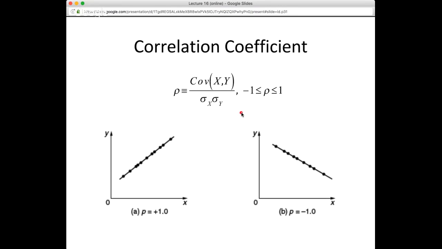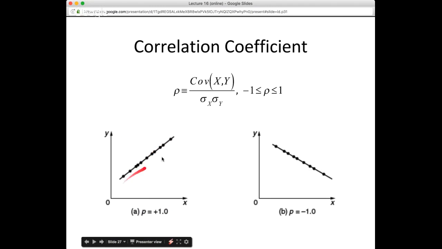And let me just go through some pictures from the textbook illustrating this. So here's a case where we have realizations from the random variable y plotted against realizations for the random variable x. In this case, these realizations are very strongly correlated with a correlation coefficient of +1.